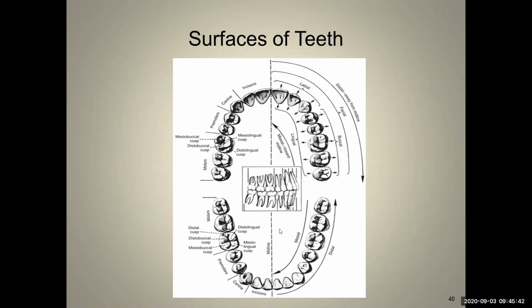It's got everything you need to know about direction. Mesial is anything going towards the midline, which is towards the nose or your chin. Distal is away from the midline. Then you've got your facial here, anything towards the cheek and lip.